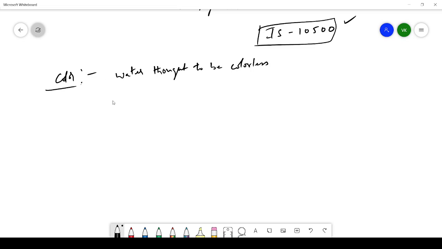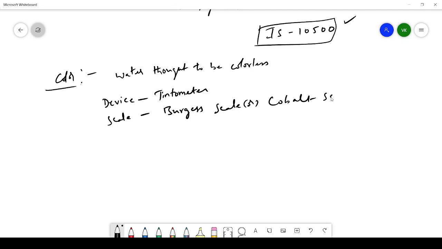To assess the color of water, there is a device. The color of water can be measured using the device called tintometer. Using this device you can measure the color on the Burgess scale. It is also called the cobalt scale, and measured in terms of true color units.